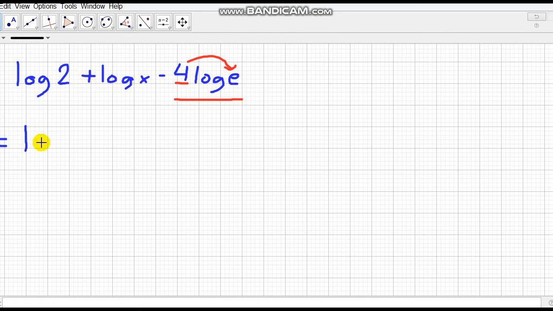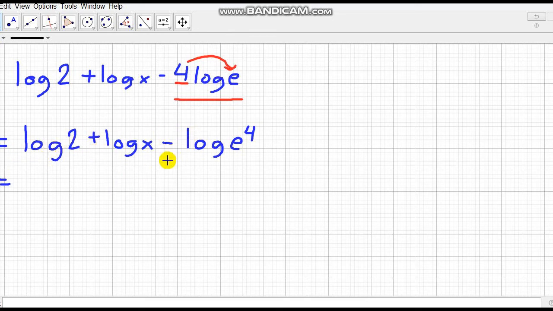We'll just write it down as logarithm of 2 plus logarithm of x minus, and applying the logarithm of a power to 4, this becomes logarithm of e raised to the 4th power. The coefficient becomes the exponent of the argument. So that's the logarithm of a power. Now, since there's no more coefficient, the coefficient is technically 1 or negative 1 here.